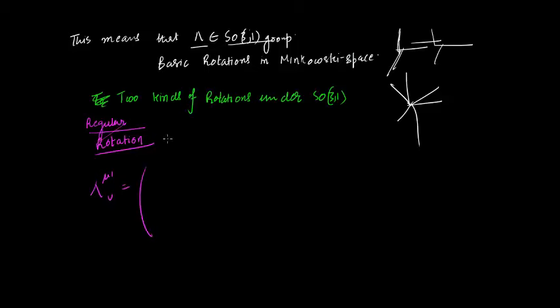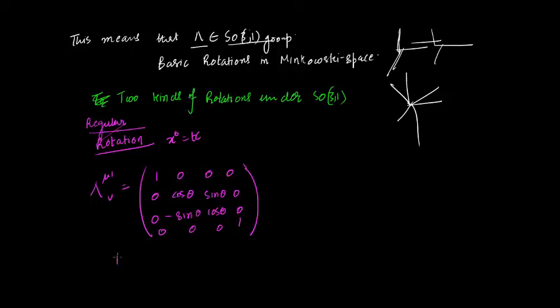Okay, so remember, if x naught is equal to time, c t, then it will have this kind of structure: 0, cos theta, sin theta, 0; 0, negative sin theta, cos theta, 0; 0, 0, 0, 1. Okay, so that's a regular space rotation.